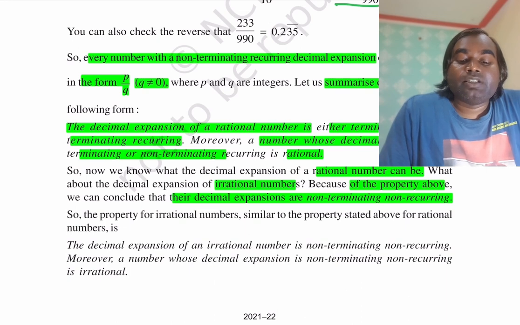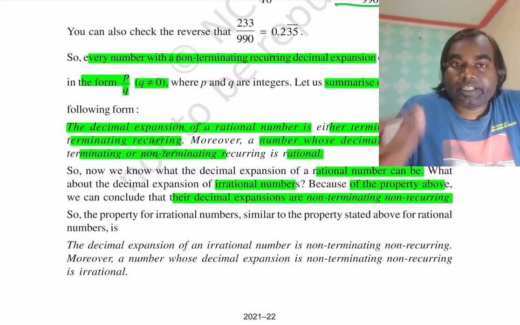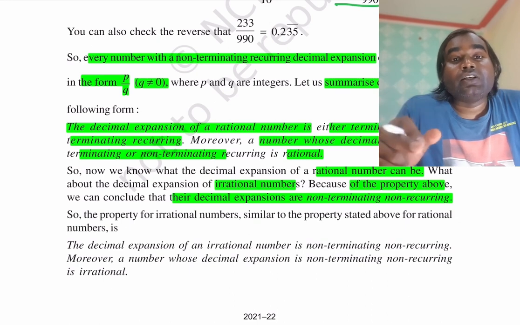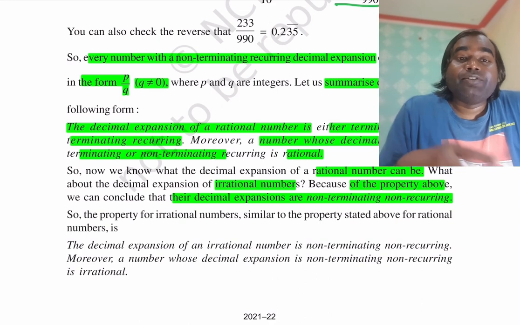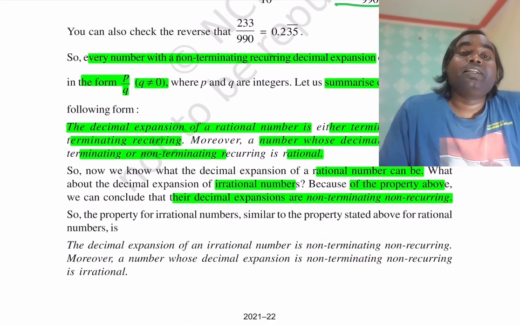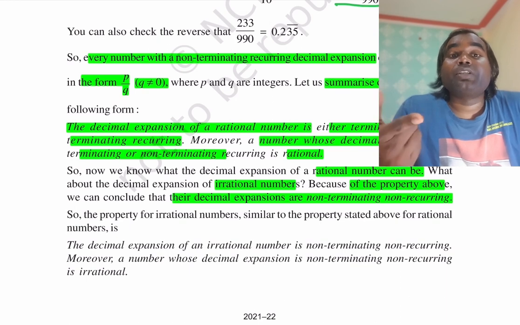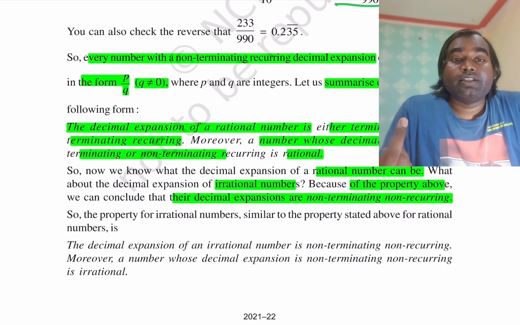That means they are never ending, but also non-repeating. Every time you are getting different digits, there is no pattern of repetition in an irrational number. For example, pi.